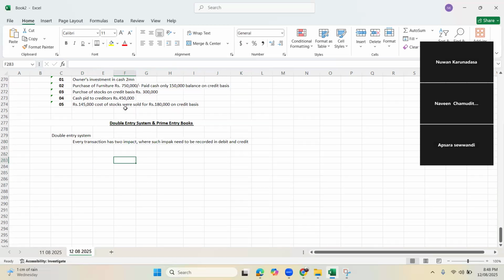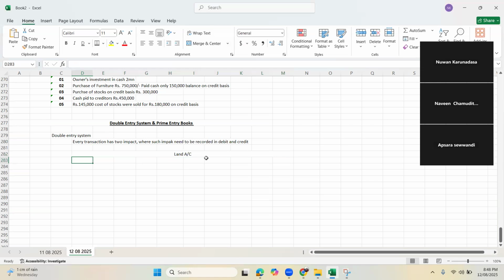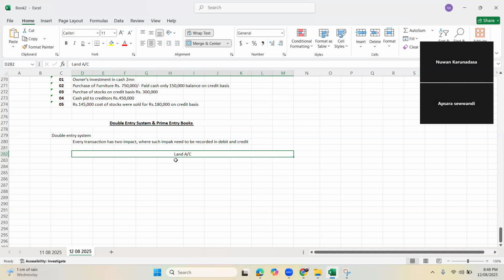So what does this debit and credit mean? This is the ledger account. See here, this is the ledger account. We'll say, for example, cash account, or land account. This is an example of a ledger account. So we will draw a lot of ledger accounts.